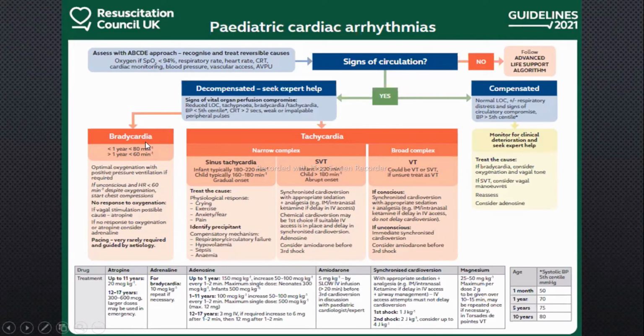How to understand? Maybe bradycardia is because of intubation. For example, you intubate the patient and after intubation he has bradycardia. So bradycardia here, you can treat with atropine. This is the only case you can give atropine. If no vagal stimulation, you have to do chest compression. Okay, we finished bradycardia.